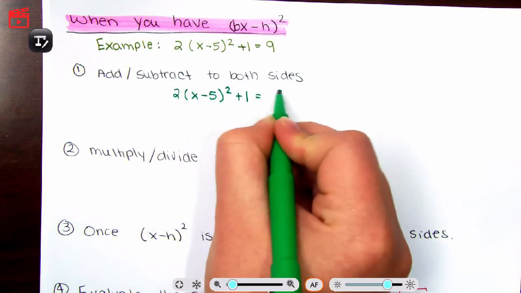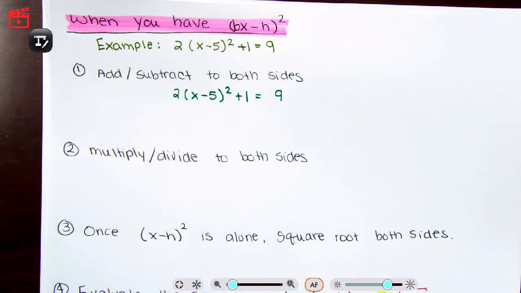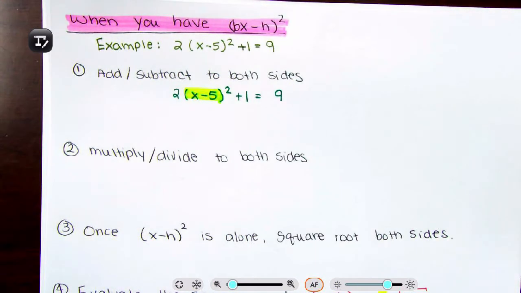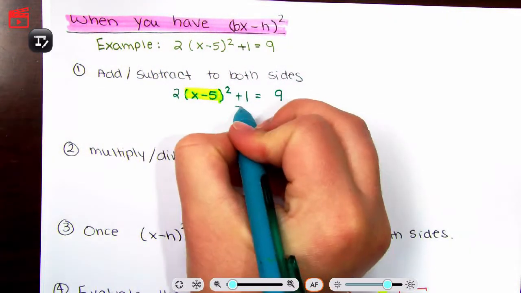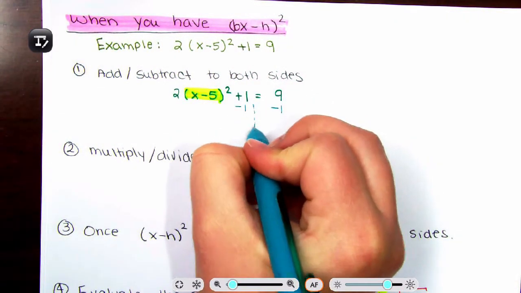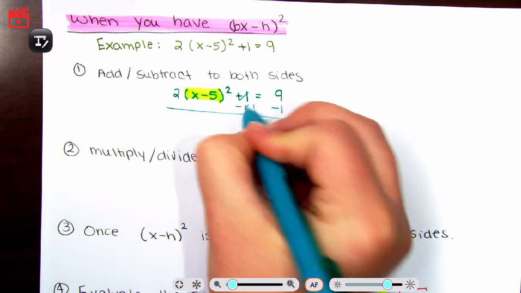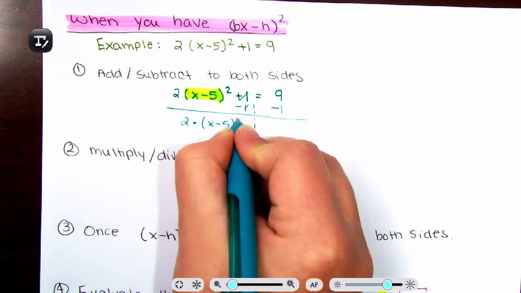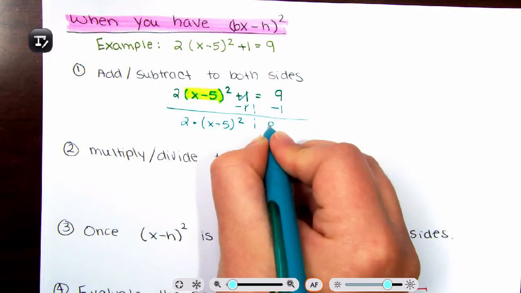And just like before, our objective now is to get that squared by itself. We need to get that x minus 5, that bubble, by itself. So I'm going to subtract 1 from both sides. So I'm left over with 2 times x minus 5 squared, and 9 minus 1 is 8.